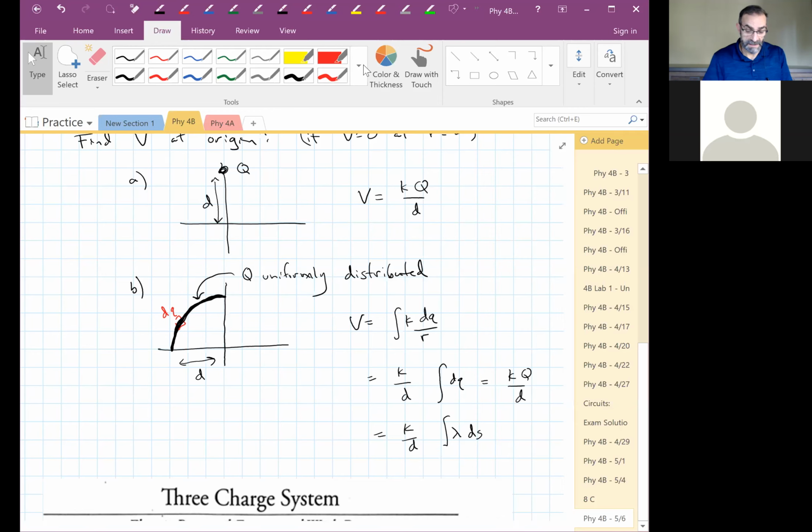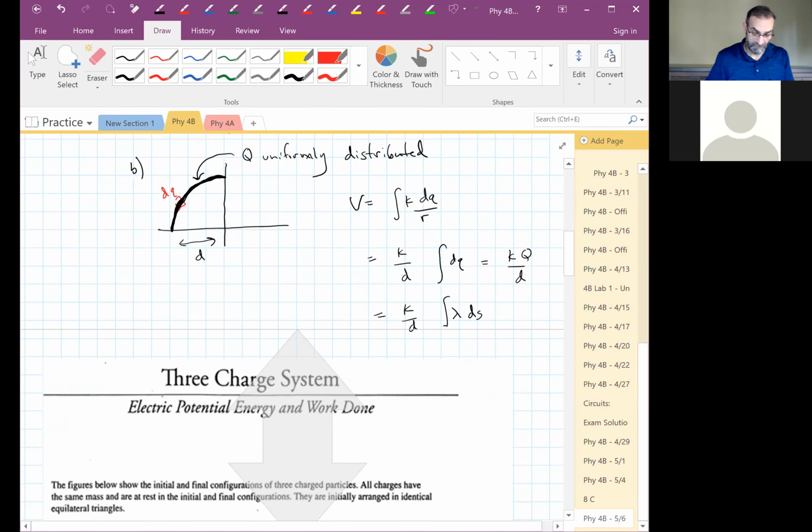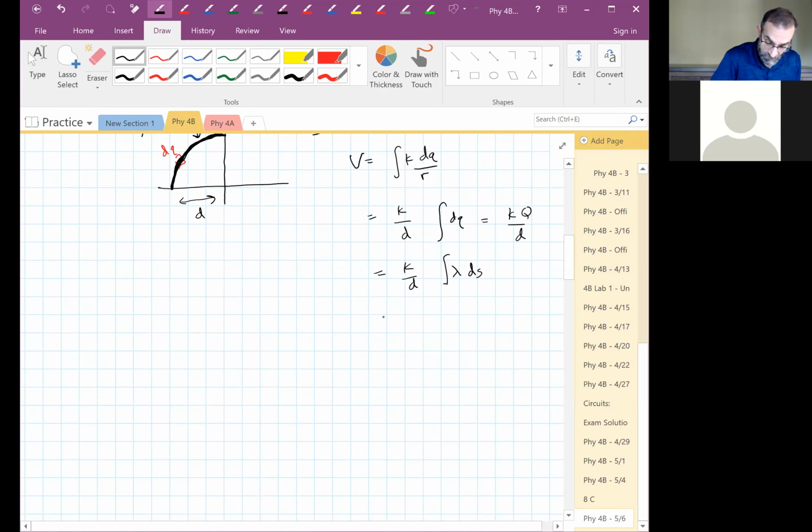And ds is r d theta. Lambda. r is d. Can I just put d there? And what happens if the d's cancel?